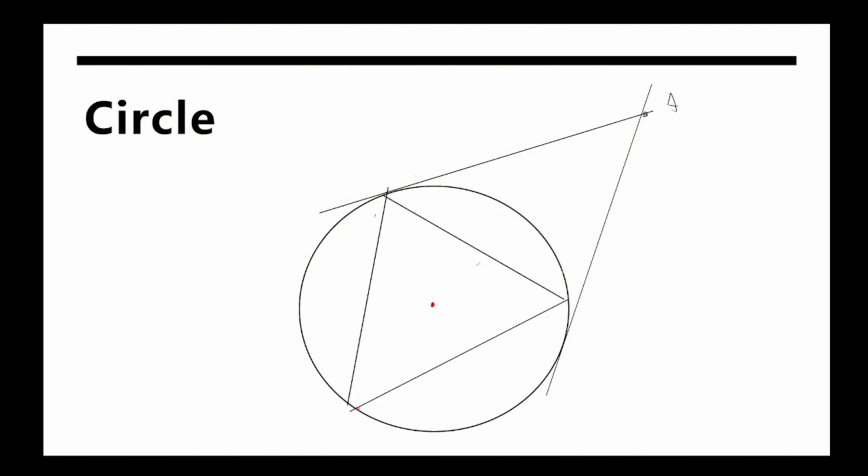And now the alternate segment theorem. For any cyclic triangle touching the tangent, the angle here, for example alpha, equals its opposing angle. This is also alpha. And beta here, remember it's from the tangent to this one side of the triangle, here is also beta. This is the alternate segment theorem.